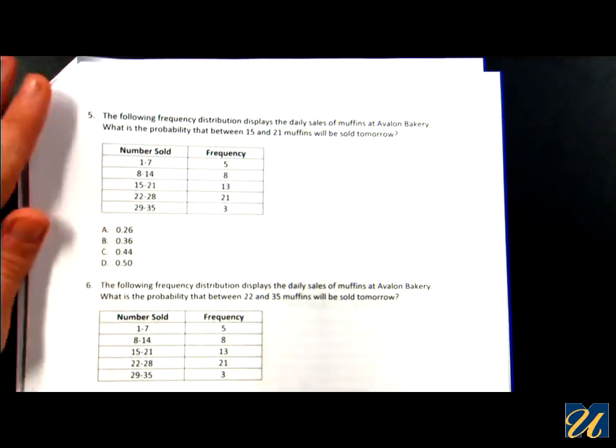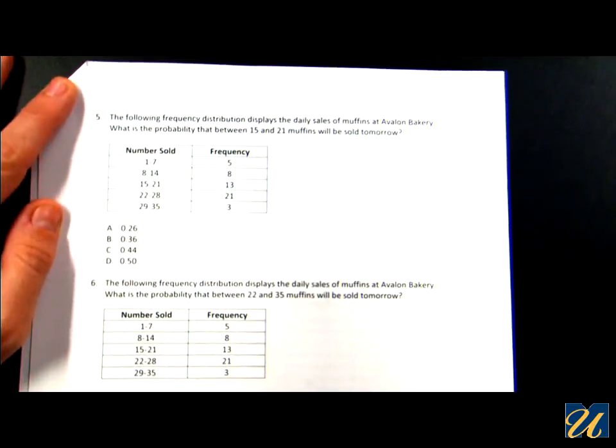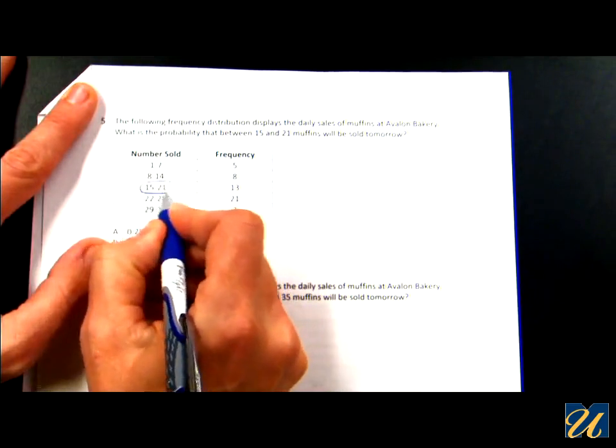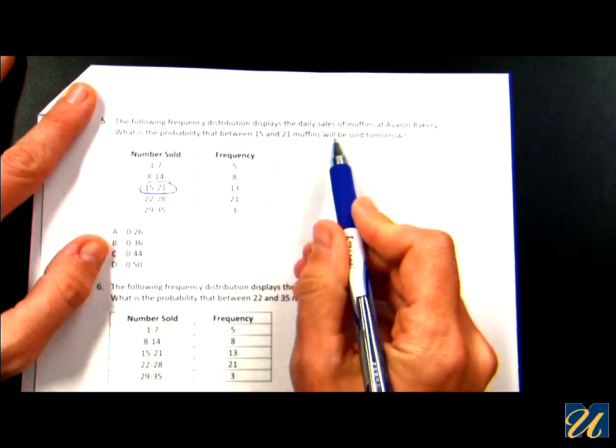The following frequency distribution displays the daily sales of muffins at Avalon Bakery. What is the probability that between 15 and 21 muffins will be sold tomorrow? So the category I'm interested in is between 15 to 21. I'm looking for the probability, the portion of the total number of muffins that will be sold tomorrow, from 15 to 21.